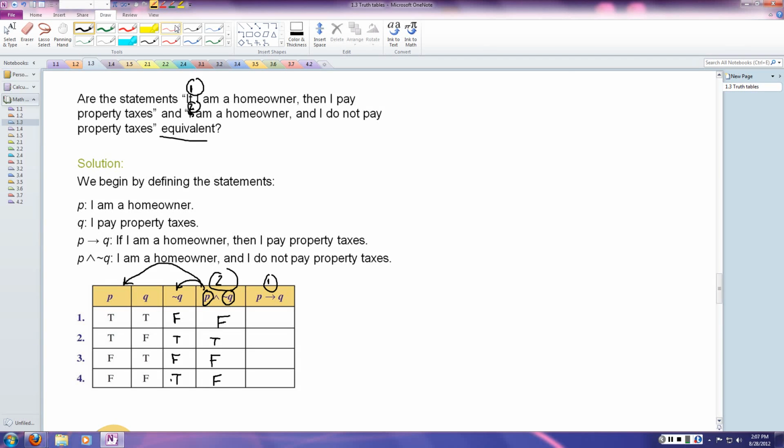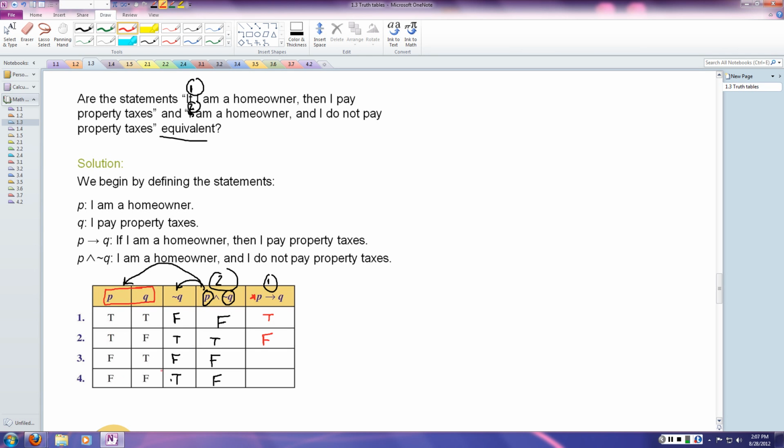Now, I look at P implies Q. So now I'm looking at these two columns to do my answer here. True, true would be true. True, false would be false.